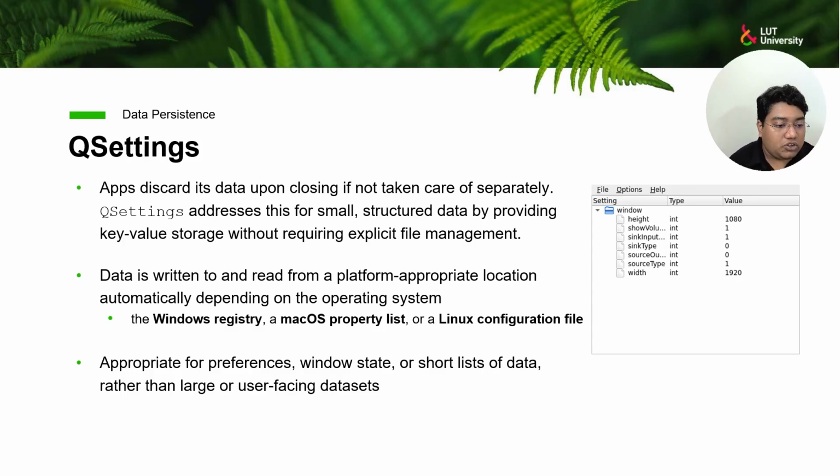Qt automatically chooses the appropriate location for each operating system. On Windows, it uses the registry. On macOS, it uses property list files. On Linux, it stores configuration files in the standard location. Our code looks the same regardless of the platform.